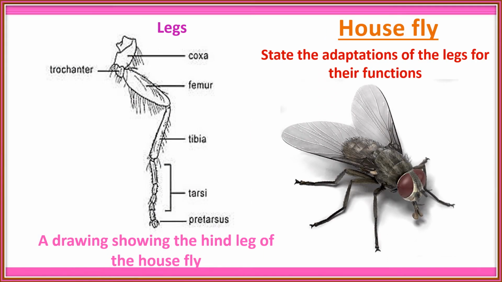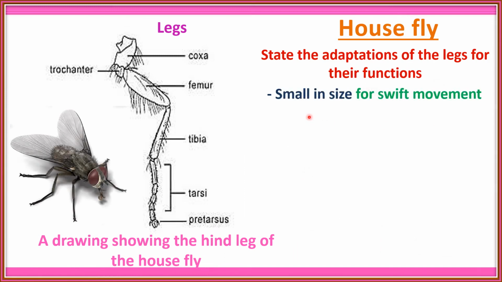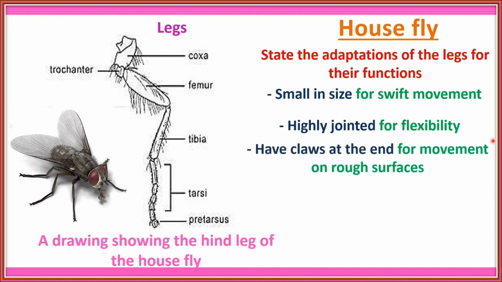State the adaptations of the leg for their function. The legs are small in size for swift movement. They are highly jointed for flexibility. You look, they have different joints for flexibility. They have claws at the end for movement on rough surfaces.